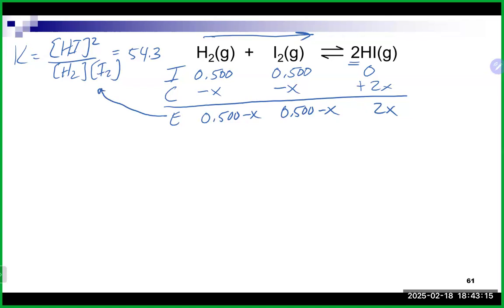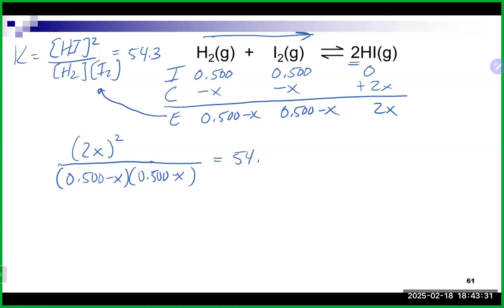That's going to give us 2x squared, divided by 0.5 minus x, 0.5 minus x, and that's going to equal our 54.3. So again, we just put our equilibrium line into our expression.